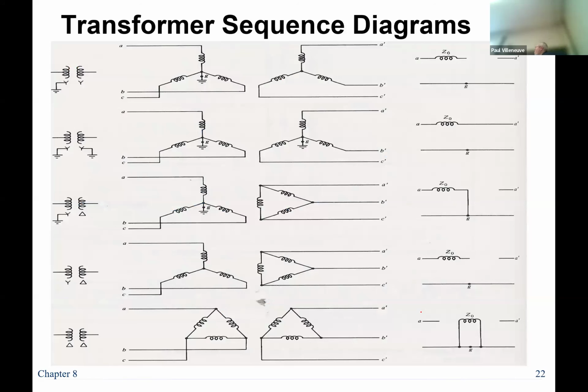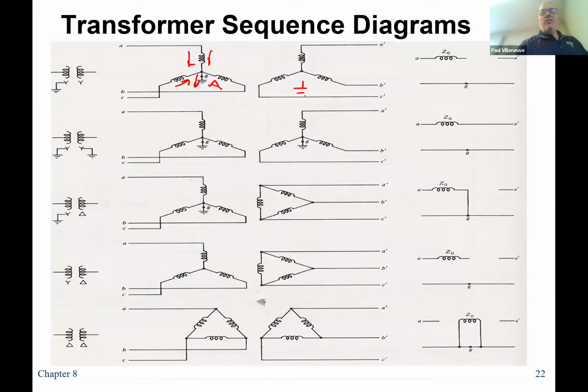Here's a diagram for all different types of transformers. So let's look at a grounded Y here. Can I get zero sequence current flowing on that side? Kirchhoff's current law would say, sure. If I've got current, there's a path for this neutral. Here's the problem.